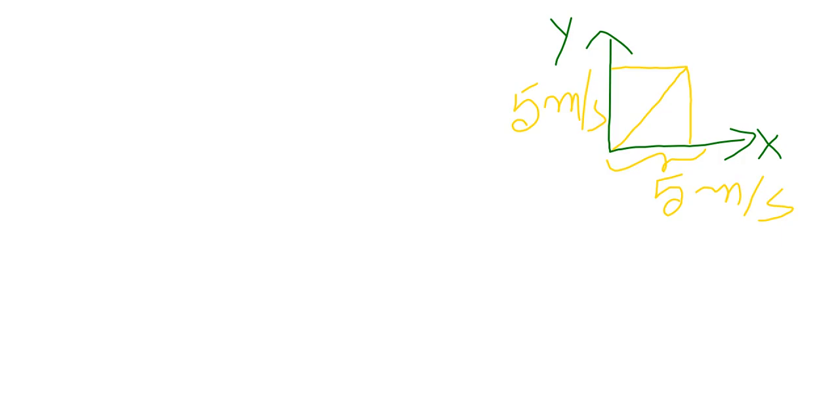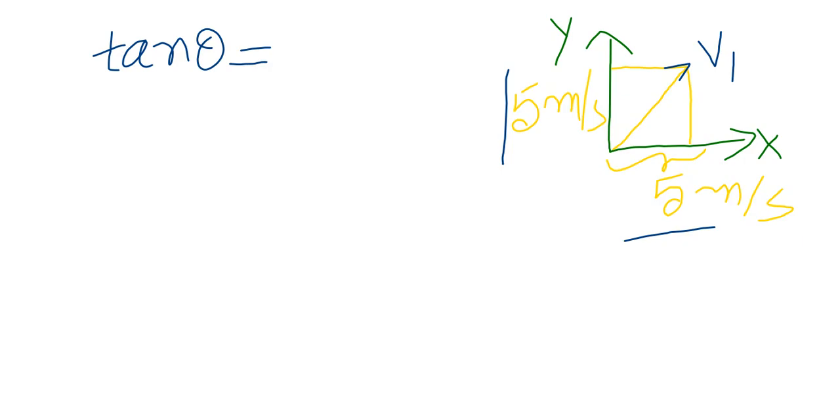So its x component is 5 root 3, its y component is 5. So tan theta is Ry by Rx. The value of Ry is 5, the value of Rx is 5 root 3.